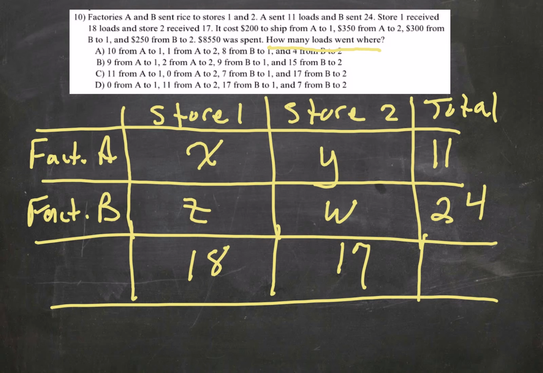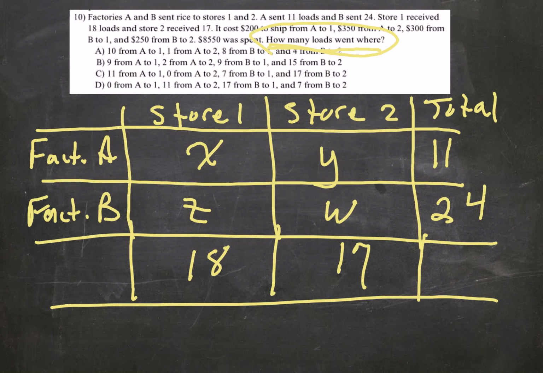Y is the number of loads from Factory A to Store 2. Remember, when we add those two together, we get 11. Z is the number of loads from Factory B to Store 1. And W is the number of loads from Factory B to Store 2, because again, I want to know how many loads went where. And this is going to help us find it.